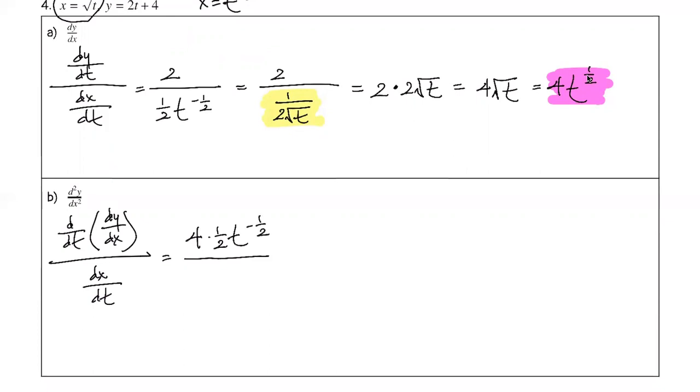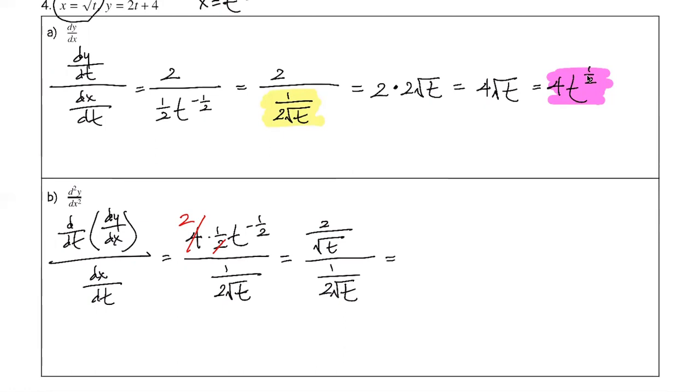And my denominator is 1/2 root t. Okay, so let's reduce some things. 4 and 2 give me 2. Let's rewrite my numerator as 2 over root t. My denominator is 1/2 root t.